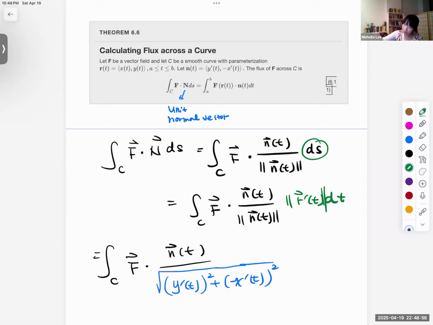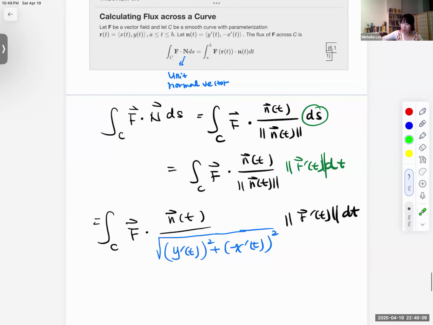Negative x prime of t squared is just x prime of t squared. Then this is the same as the magnitude of r prime of t, the same, right?